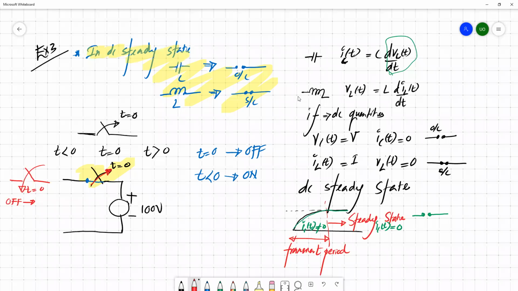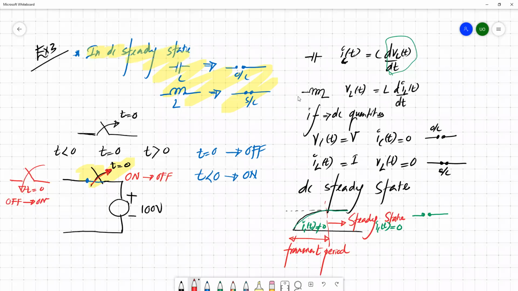If your arrow is the other way, this moves from on to off. So keep in mind, with the direction of the arrow, you can identify the previous state of the switch and the current state or the future state of the switch.